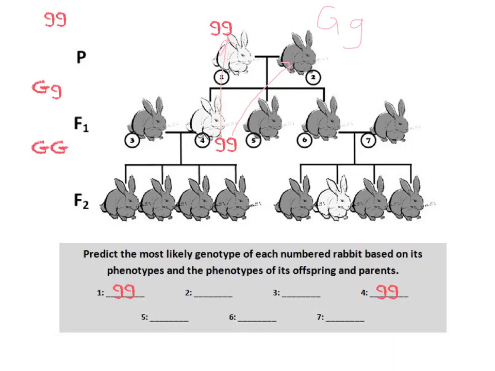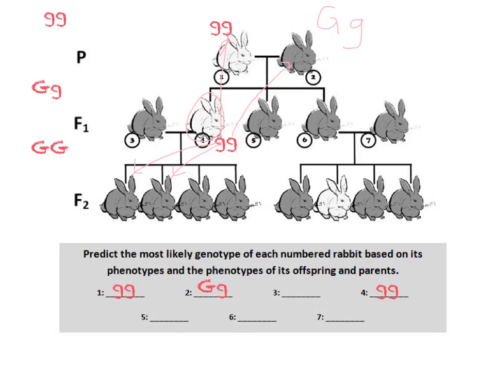So down here, you can label number 2. And I want you to label it big G, little g. Okay? Then you're looking at rabbit number 3. Can we determine what rabbit number 3 is? Yes, we can. Guess why? Because this one had to give a little g to all of these guys. That's the only option that she had to give.